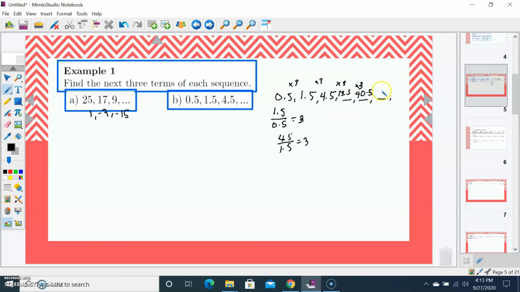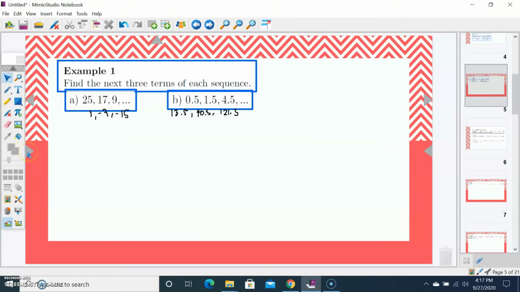Multiplying this by 3, then we will have 121.5. So the next 3 terms of this sequence are 13.5, 40.5, and then 121.5. So let's go with our third example.